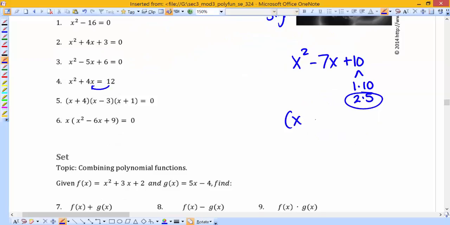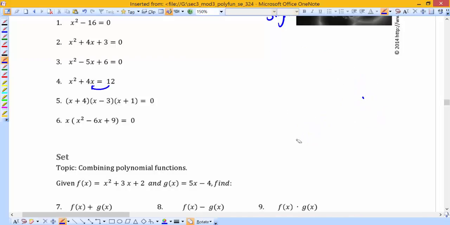So this would be x and then a 2 and an x with the 5. So how do I get a positive 10 and a negative 7? If I make them both negative, when I multiply the negative 2 and negative 5, it's a positive 10. But then when I do the x and the negative 5, it's negative 5x and negative 2x, which is negative 7. So that's how I get those factors. And then to change the signs, I get 2 and 5. So if you need that, pause it, write it down.